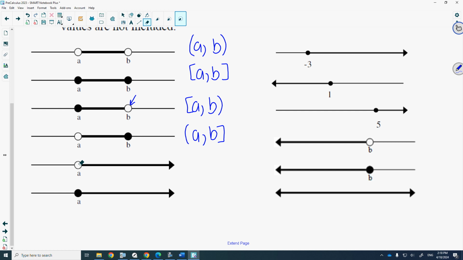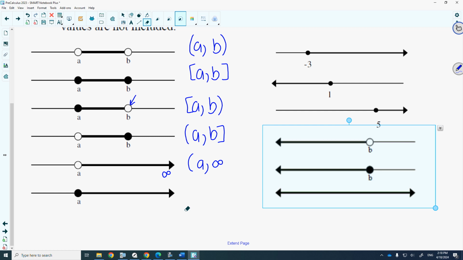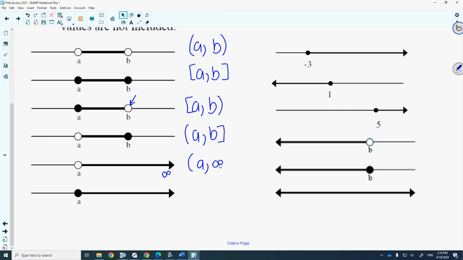This one, my solutions are from A to infinity, right? Because in this direction, we're going to infinity. A is not included in this solution set to infinity. Remember that in interval notation, one of the reasons why students like it, why I like it, is because infinity is written within our answer.